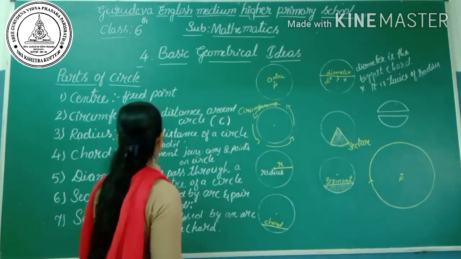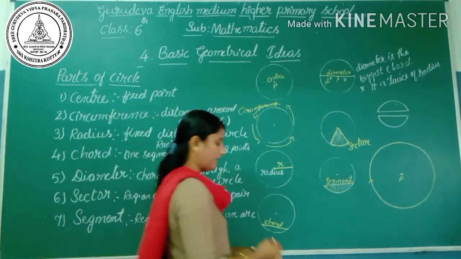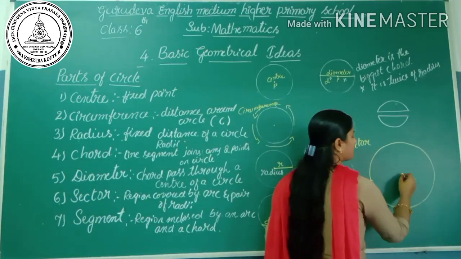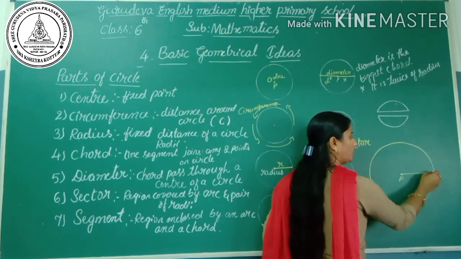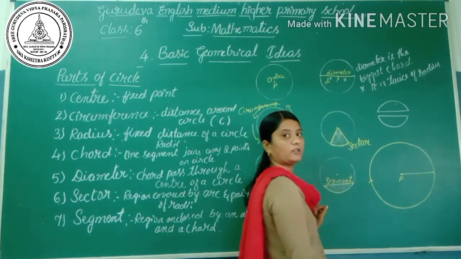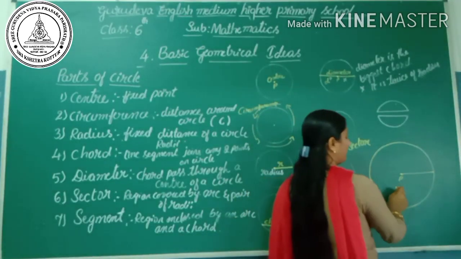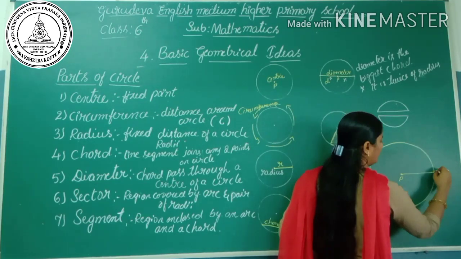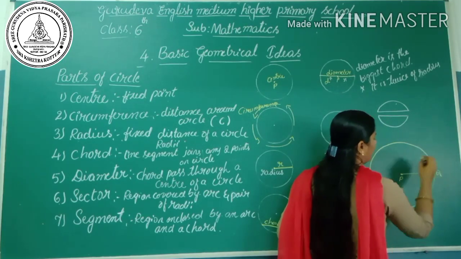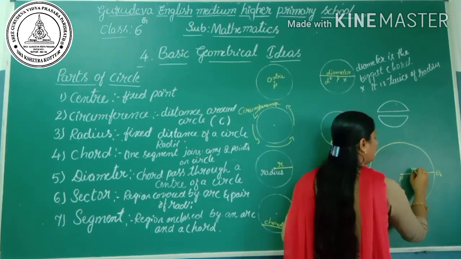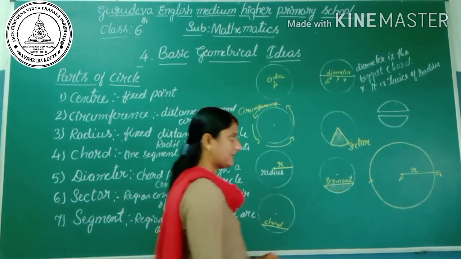Then the next part is radius. The fixed distance from the center of a circle to the circumference is called the radius. I will mark here P and Q. Here PQ is the radius of the circle.